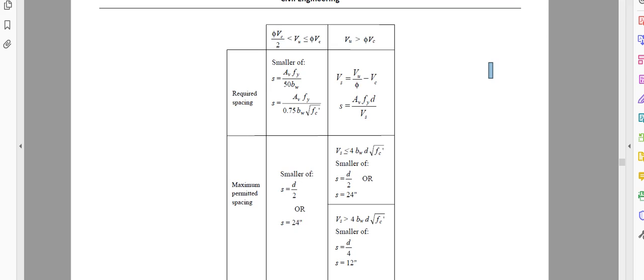Whatever FE reference handbook you use, this table is there. Why did I bring this table here? Because this table summarizes everything, so that it is very easy for you. So I will come back here.